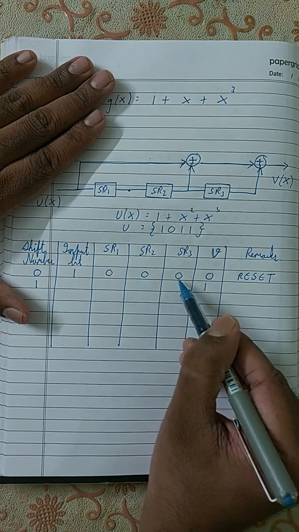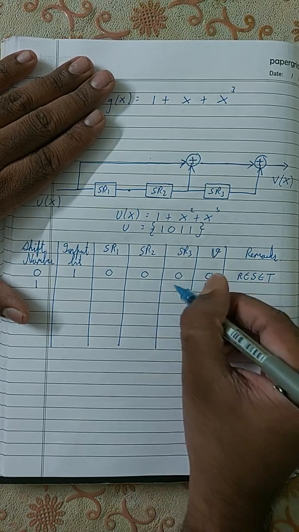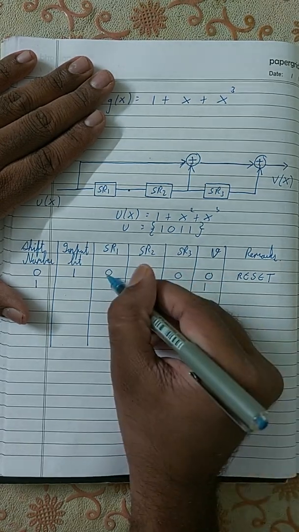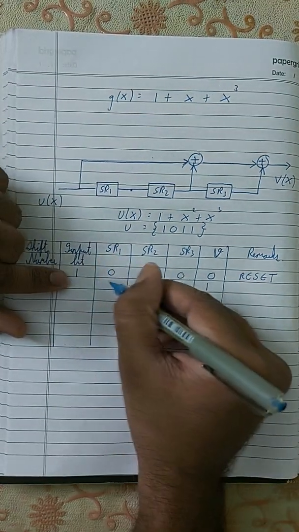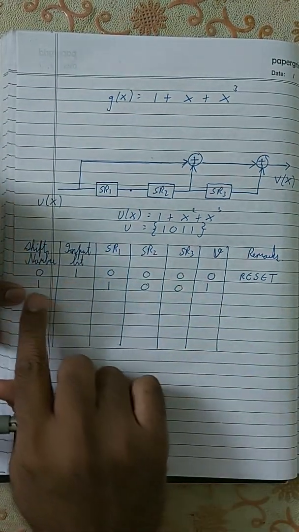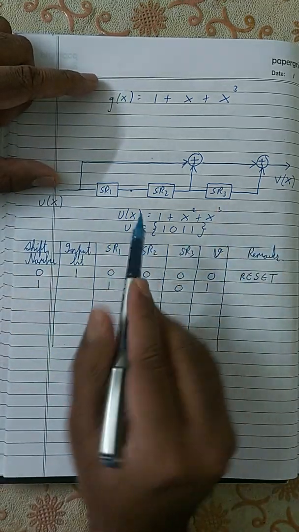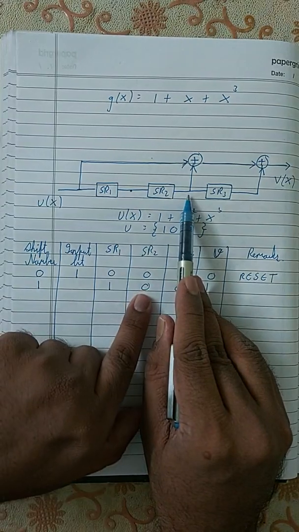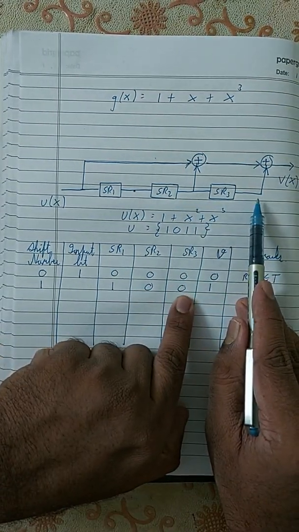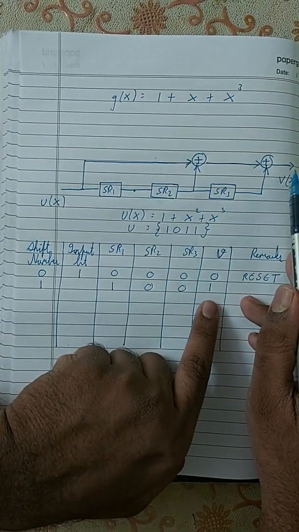This 0 will be discarded, this 0 will be shifted over here, this 0 will be shifted to the next shift register, and this 1 will be shifted over here, which means in the next clock cycle the value over here is 1, the value over here is 0, the value over here is 0, and the value over here is 1.